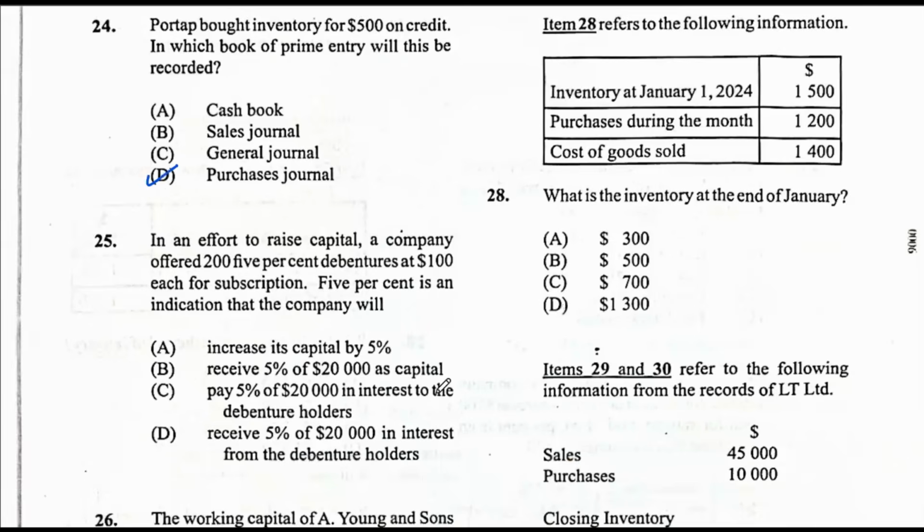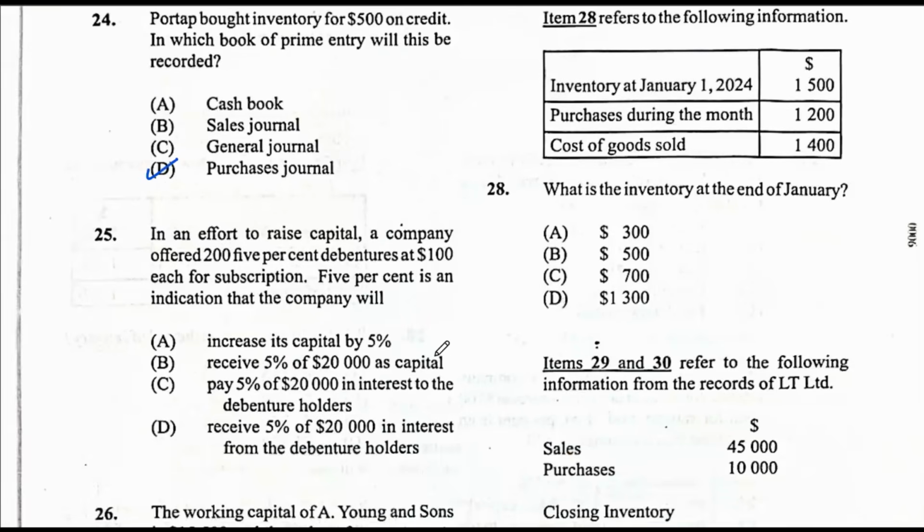Question 25. In an effort to raise capital, a company ordered 20 5% debentures at $100 each for the subscription. 5% is an indication that the company will do what? Okay, so you're trying to sell debentures, and the company offered 20 5% debentures, and they're asking us what this 5% means.